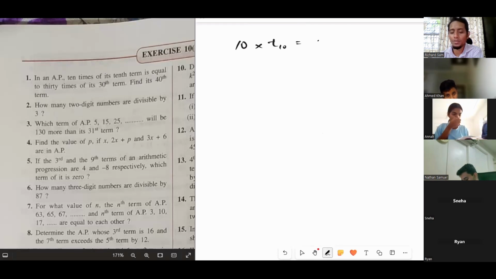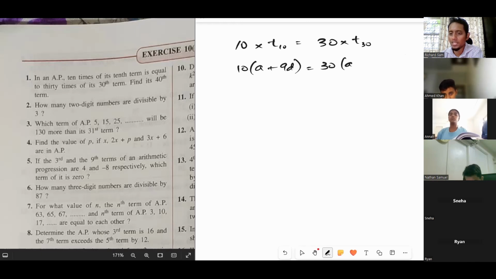is equal to 30 times, 30 into T30, the 30th term. That's all that's given. They didn't give anything else, right? So we know that T10 should be written as A plus 9D. And here also, T30 should be written as A plus 29D.